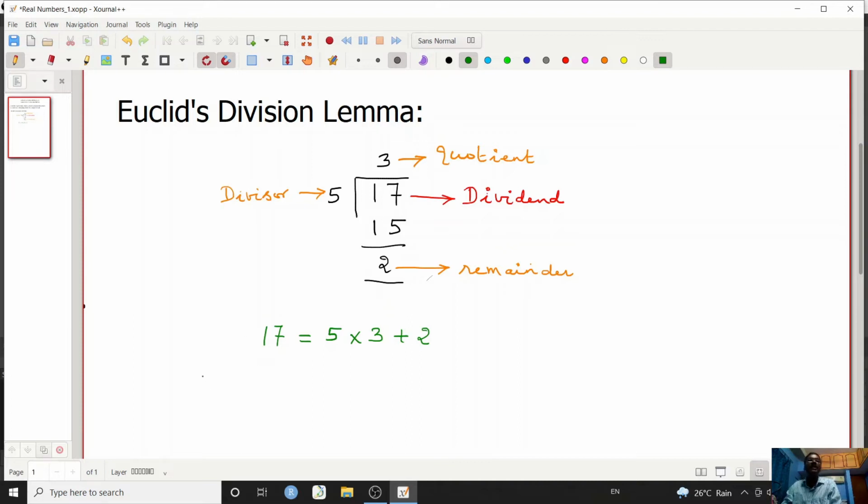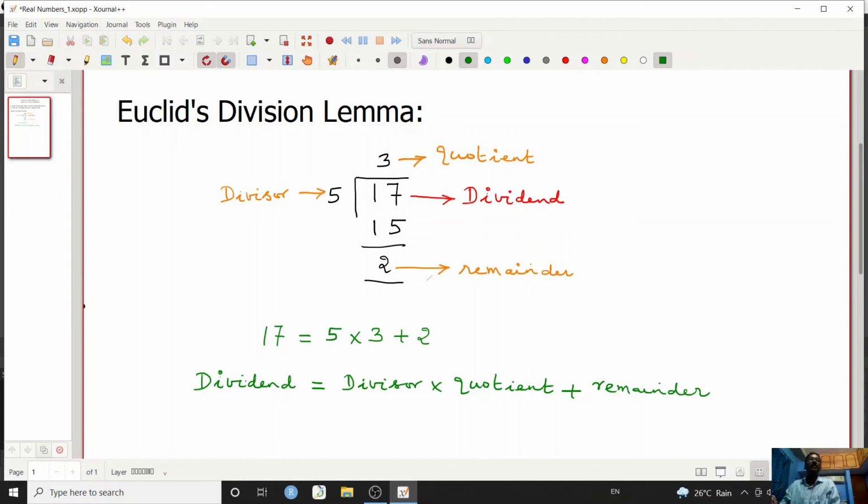It is the dividend. So dividend is equal to divisor times quotient plus remainder.